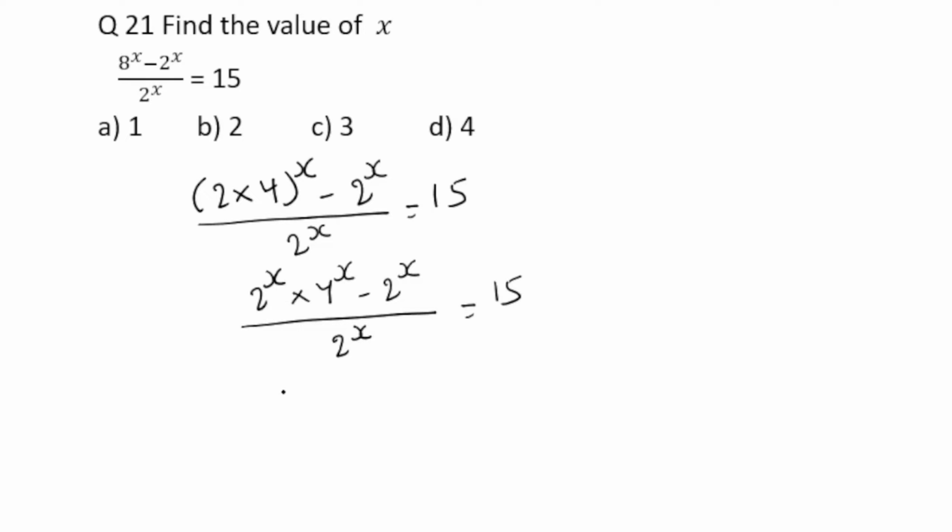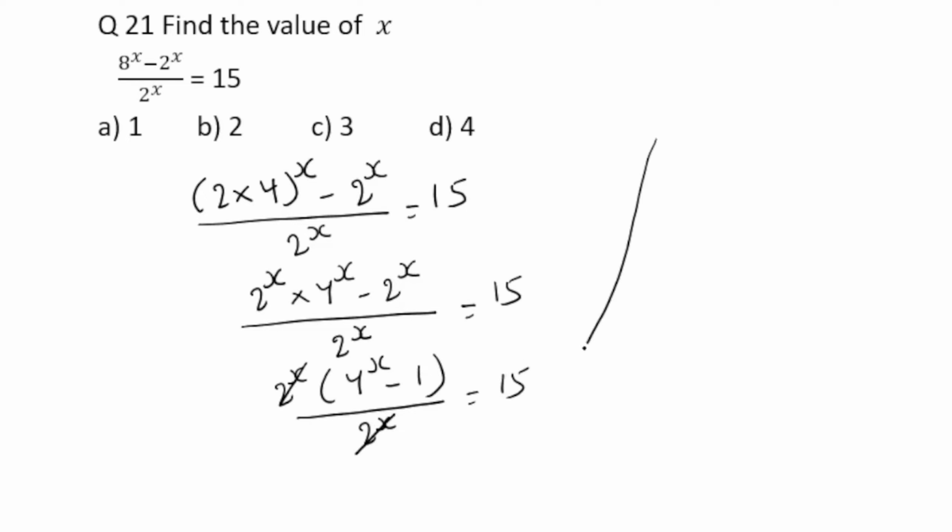Now we have to take 2 to the power x as common. 2 to the power x, 4 to the power x minus 1, on denominator 2 to the power x, equals 15. This 2 to the power x, 2 to the power x cancel. 4 to the power x minus 1 equals 15.